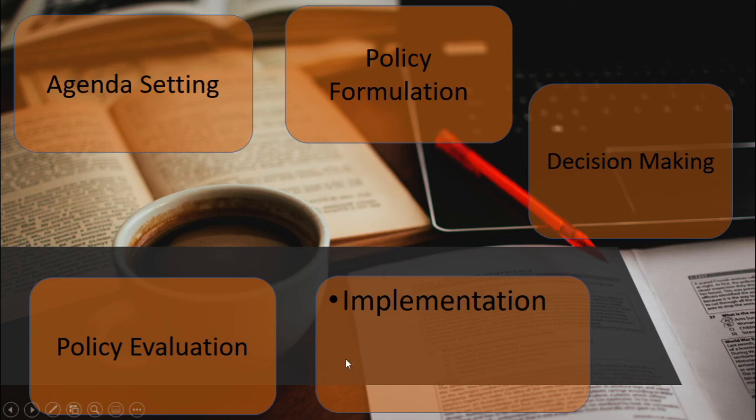It could move from implementation stage based on new information available. From implementation stage, we can move back to policy formulation and redraft new policy options. It could move from decision making back to policy formulation. It is not linear always. It can move from one stage to the other.